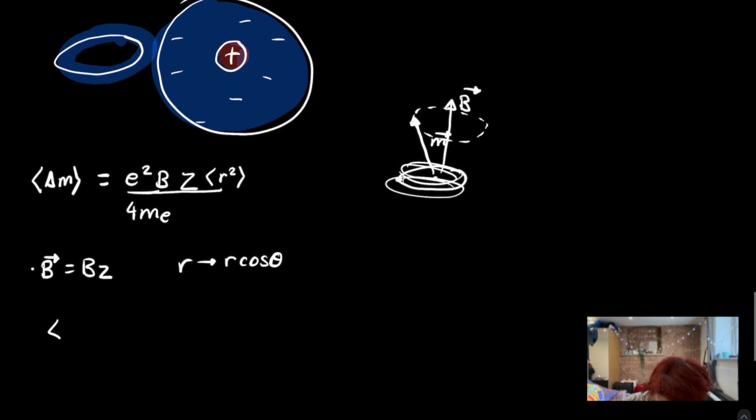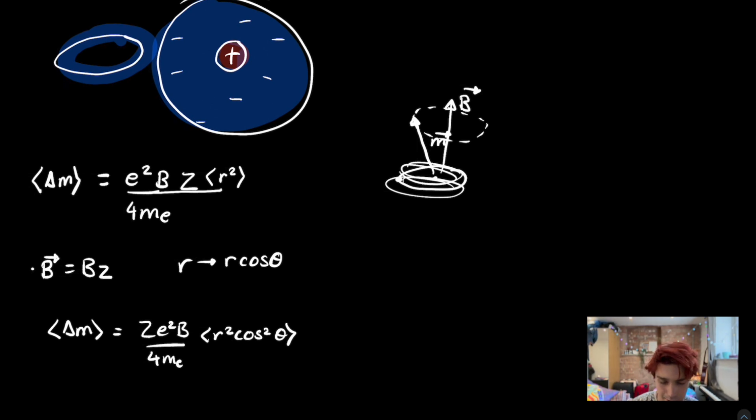And so we get that the average dipole moment is going to be Z e squared B divided by 4 m_e times r squared times cos squared theta right here, because of course each r needs to be multiplied by cos theta, so therefore r squared will therefore become r squared cos squared theta. We need to average this across the entire value of theta, which is of course between 0 and pi radians.